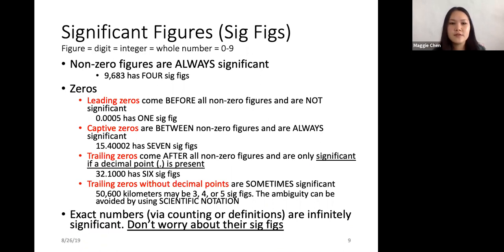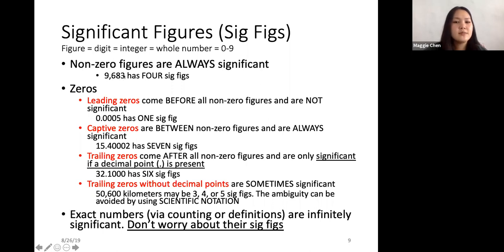So significant figures are whole numbers between 0 to 9, and the non-zero figures are always significant. As an example, if we have 9,683, these are all non-zero figures. So this means that this number has 4 sig figs.